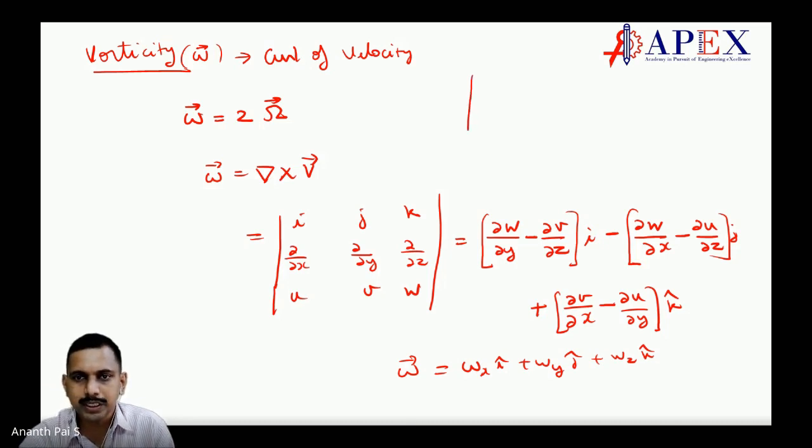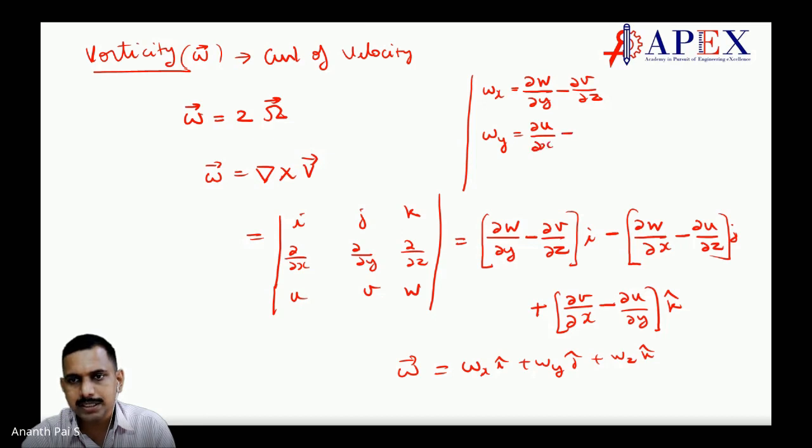Omega x is equal to dou w by dou y minus dou v by dou z. Omega y would be equal to dou u by dou z minus dou w by dou x.